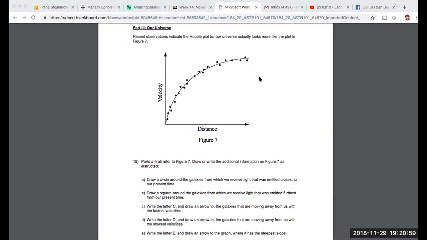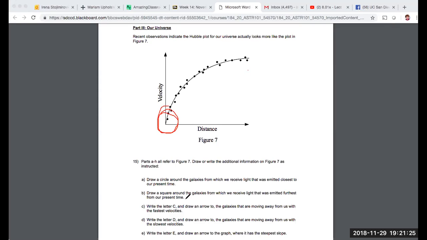Yes, very good. If the light is traveling for billions of light years to reach us, you don't see those galaxies how they look now, but you see them how they looked when the light was sent, right? So if you want light closest to our present, you circle this, that's what comes from galaxies that emit light closest to our present time.